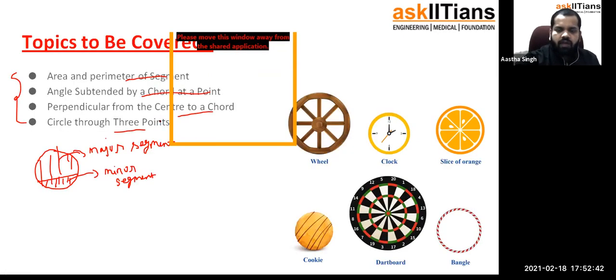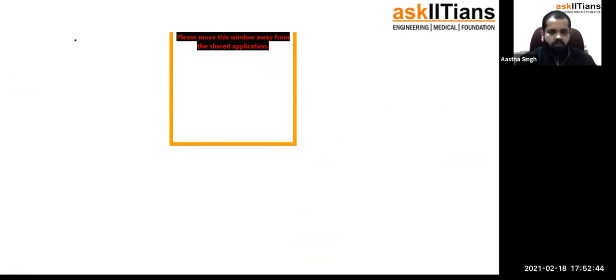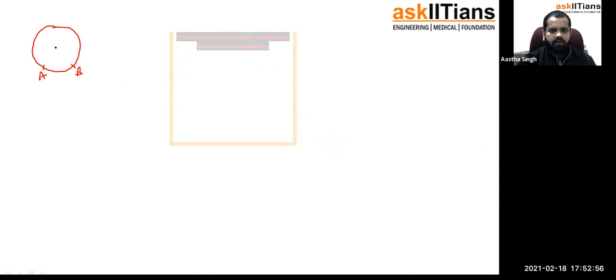Before starting with segment, let me just tell you what we should at least know. If in a circle an arc is there, suppose this A and B is an arc, then this will subtend an angle at the center. Suppose that angle is theta.